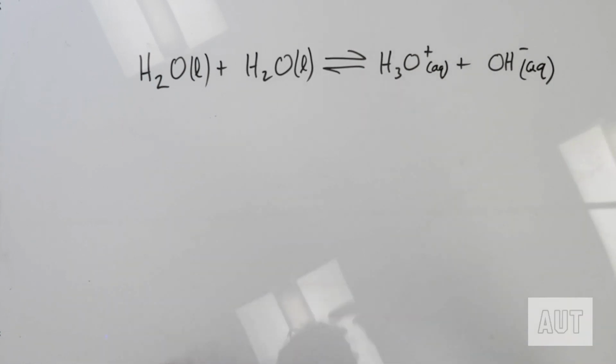Now, one thing that we didn't talk about in this reaction was to show that it's actually an acid-base reaction, okay? Because in an acid-base reaction, we have one species acting as an acid, being a proton donor, the other species acting as a base, being a proton acceptor. And so let's have a look at that in this case. So we're going to say that this is going to be an acid.